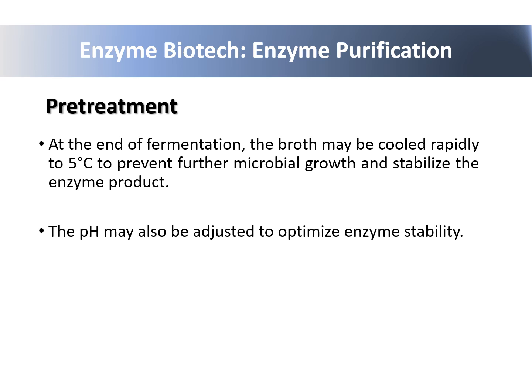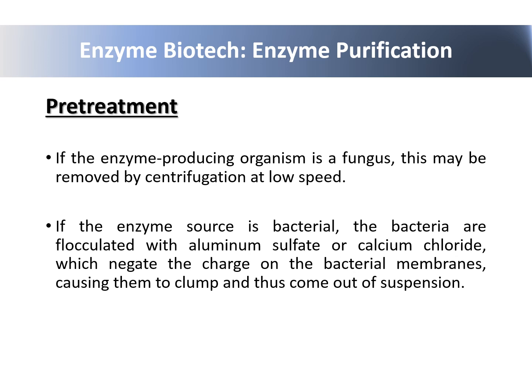And of course, if you are growing or looking to produce enzymes in yeast, you might need to remove it by centrifugation. If you're growing your enzymes from bacteria, you might need to use aluminum sulfate or calcium chloride to flocculate the bacteria, which then cause clumps, and then the bacteria will come out of suspension. This could also break the cells.